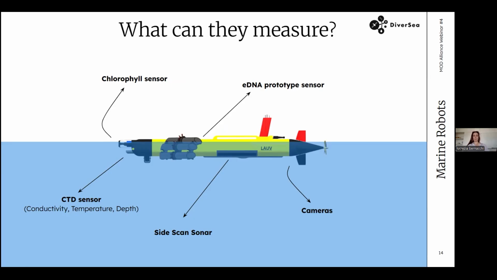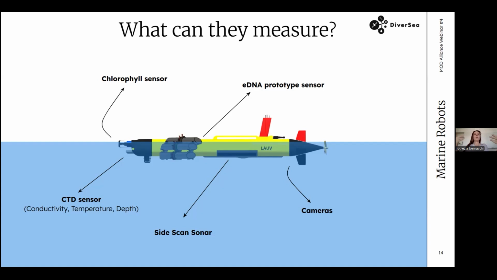Okay, so let's see some of the sensors that this vehicle can have. We must see this vehicle as a case, and we can attach to this vehicle the sensors that we need to collect our information. Here are listed some sensors that we are using. Starting from the easiest one, the CTD sensor is able to give us information about conductivity, temperature, and depth of the operational area in which the vehicle is navigating.